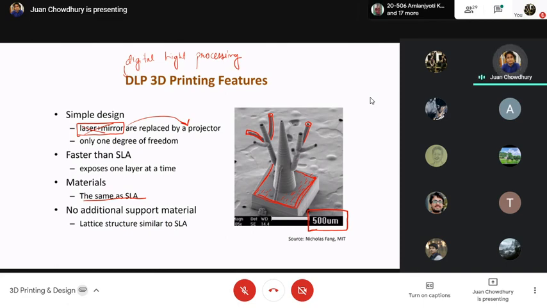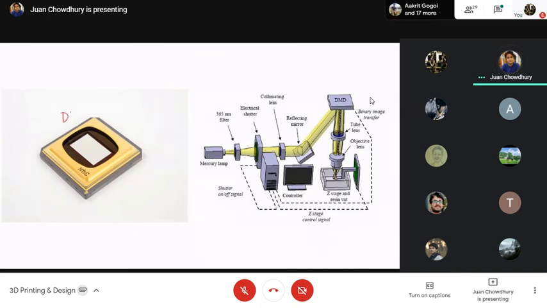Right, so this is something called a DMD chip. As you can see, it is nothing but a mirror. This is a chip which consists of small mirrors which are assembled. The mirrors themselves are 1 micron of width.